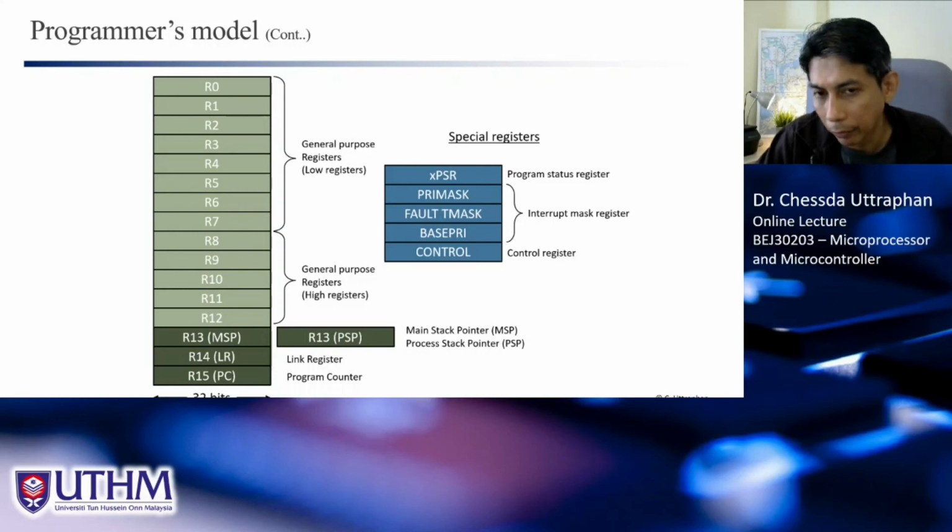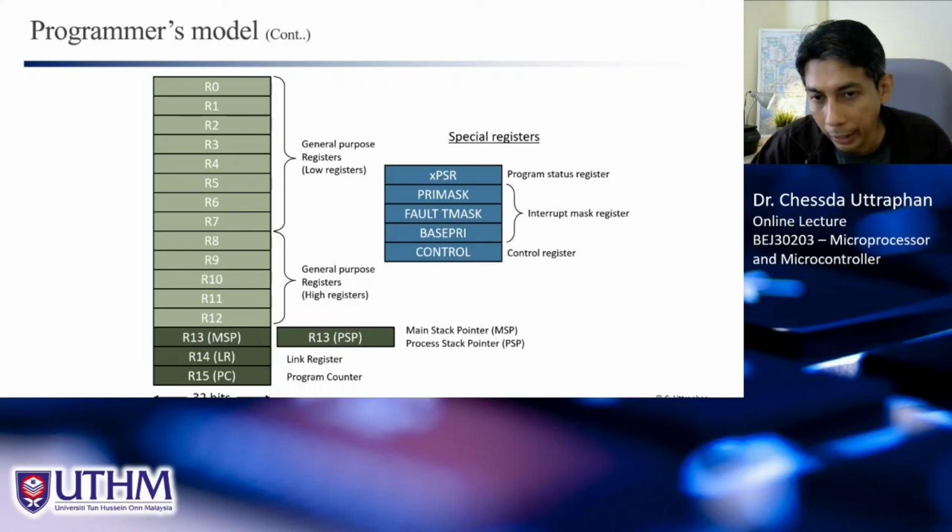For example, when you divide by 0 or something happens to your program, a crash or blue screen, that will be an exception. So an interrupt is normally an external interrupt. For example, you move your mouse, press the keyboard, or give any input to the microprocessor, that will be an interrupt.